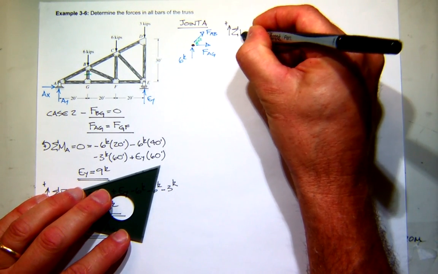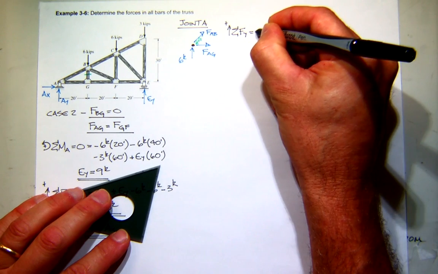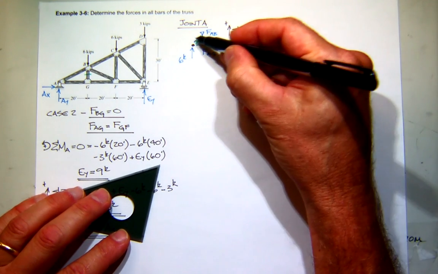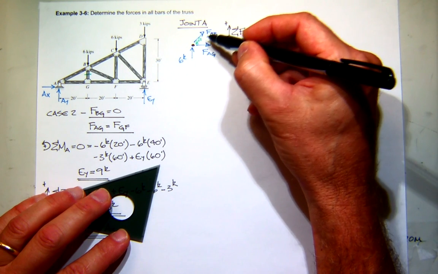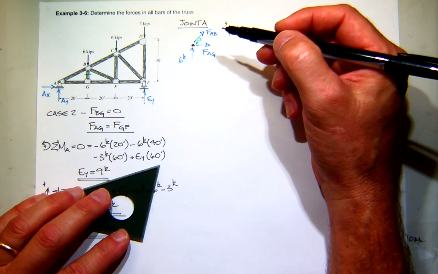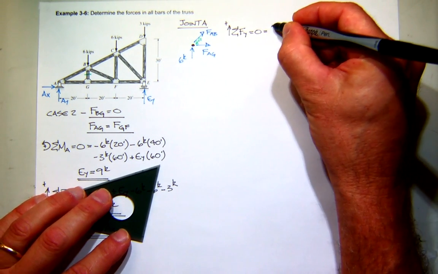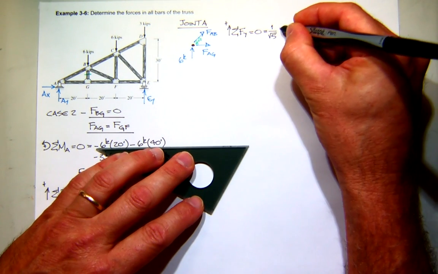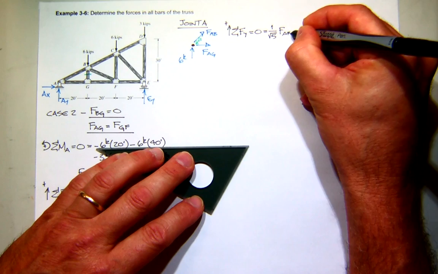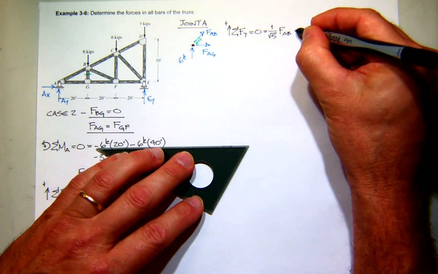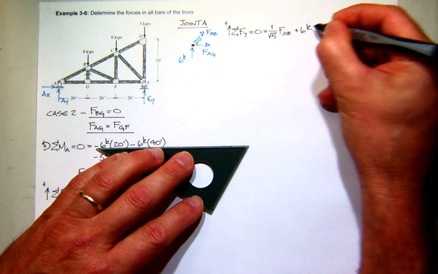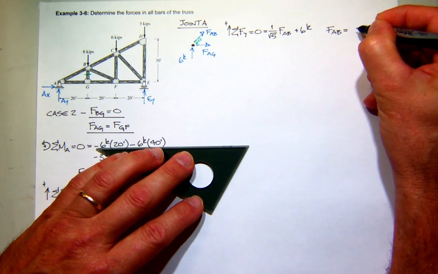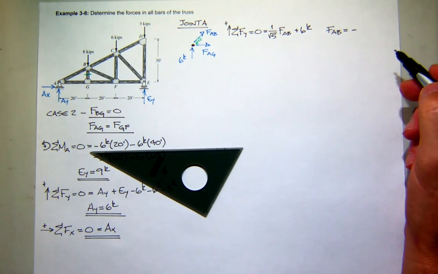So summing forces in the y direction, make sure we're in equilibrium. What do I have? Well, the y component of AB, the hypotenuse would be the square root of 5, so it would be 1 over the square root of 5 times AB. That's acting up. And then we also have my 6 kip force acting up. So what is the force in AB? It looks like it has to be negative and whatever 6 times the square root of 5 is.